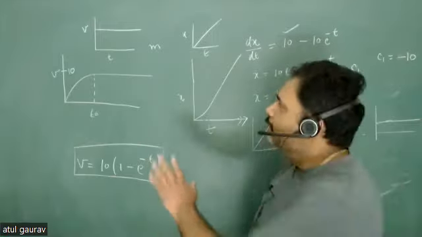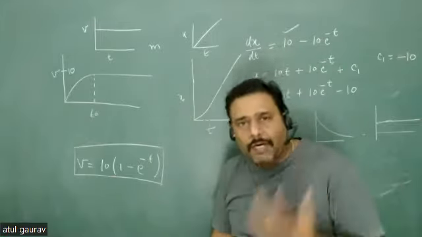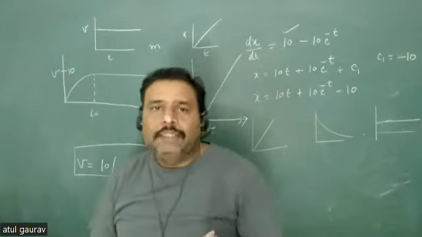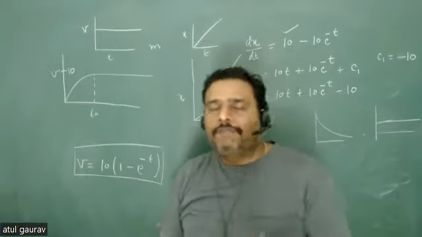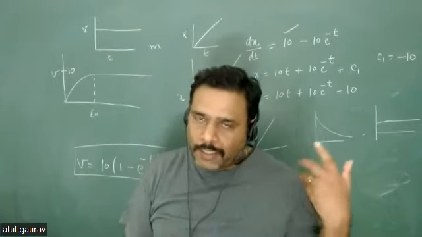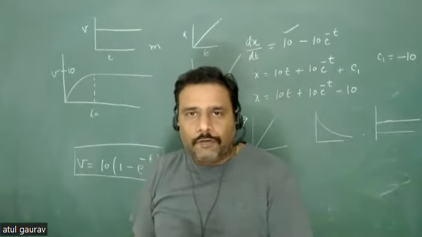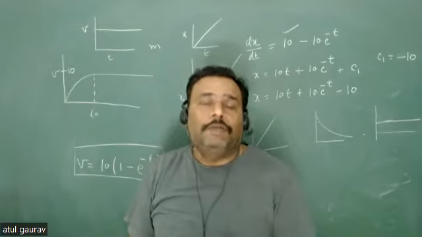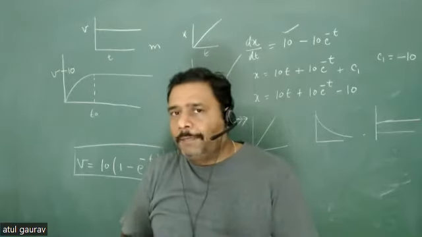But now you can see, if you know the basic fundamental system. And what is the basic fundamental system? The basic fundamental system is the free particle. The basic fundamental system is your particle which is moving with a constant force. These two are among the very basic fundamental systems.